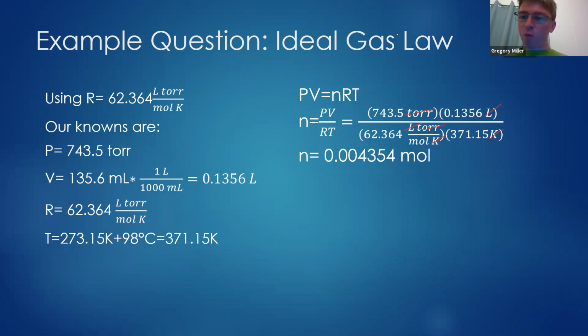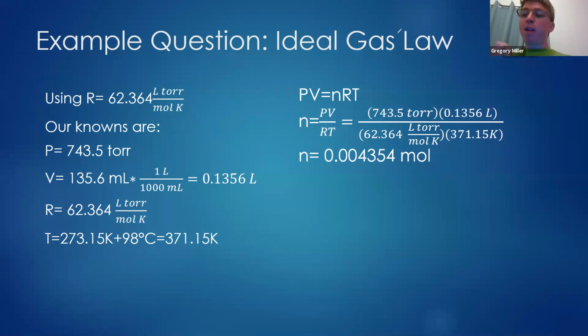You're left with 1 over 1 over moles, which is the same thing as just moles, which is why our answer is in moles. If you're not comfortable going from 1 over moles to just standard moles, let me know. It's just some math with fractions, but I can always talk you through it.